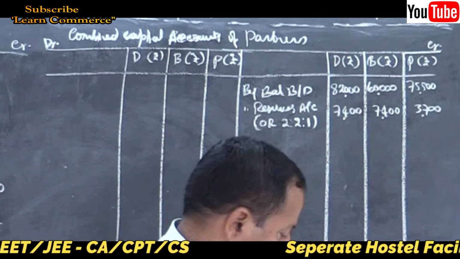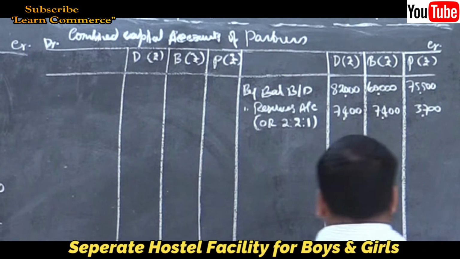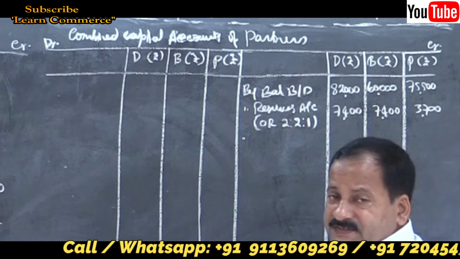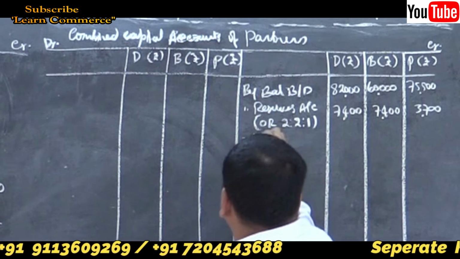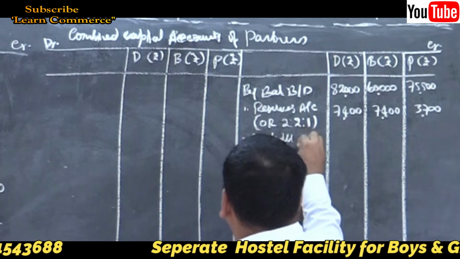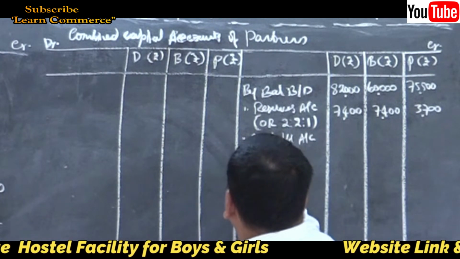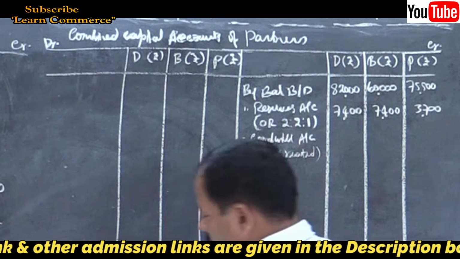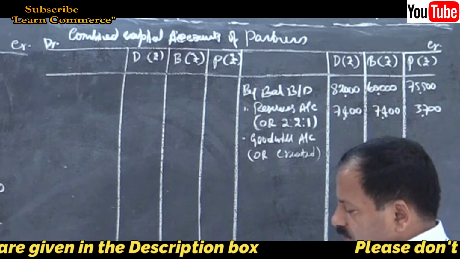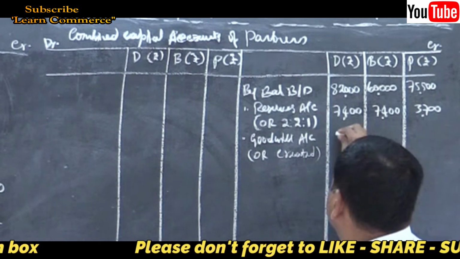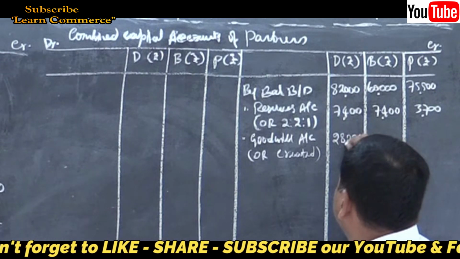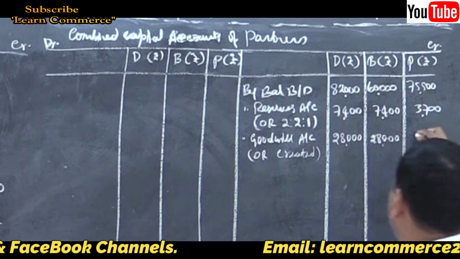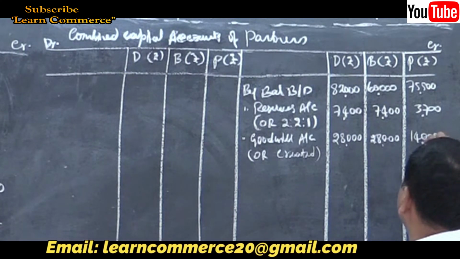Then goodwill account. Goodwill is to be created. Goodwill account debtor to all partners capital account, right? So by goodwill account, created in the old ratio. Give credit to all partners: 28,000, 28,000 and 14,000.